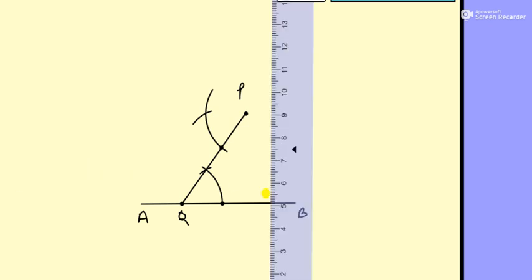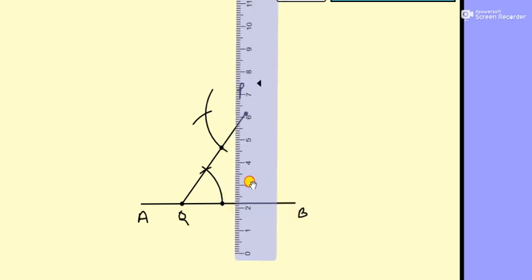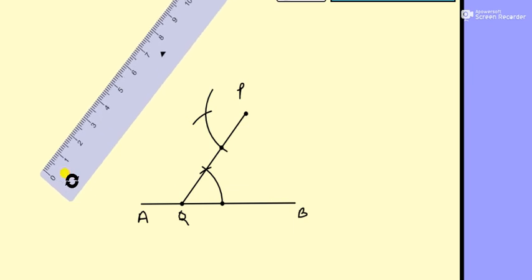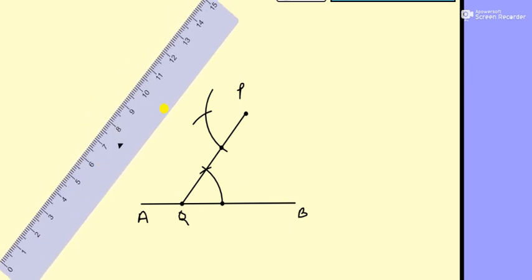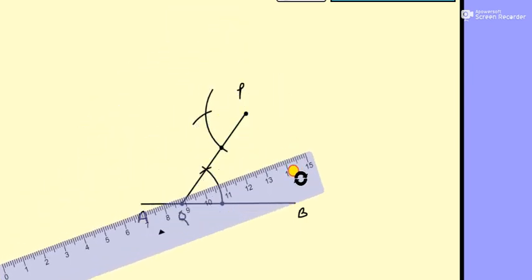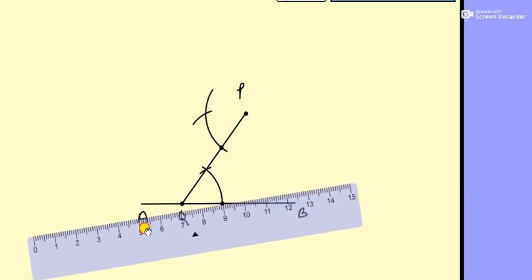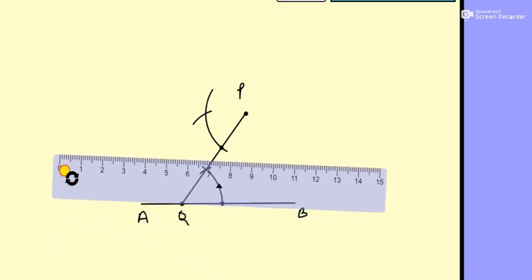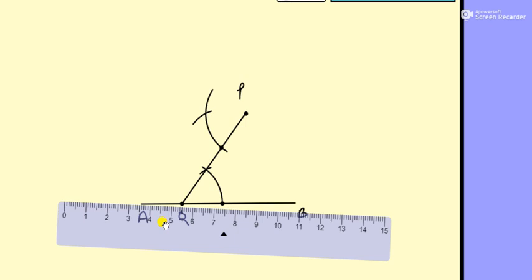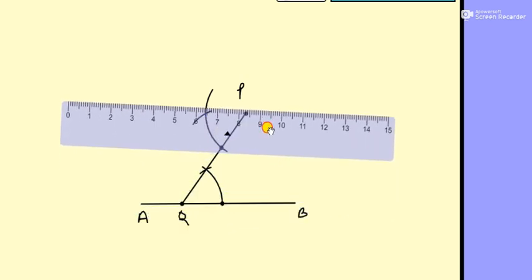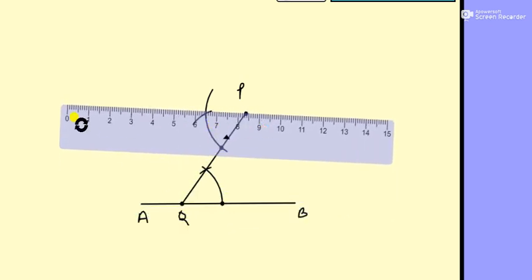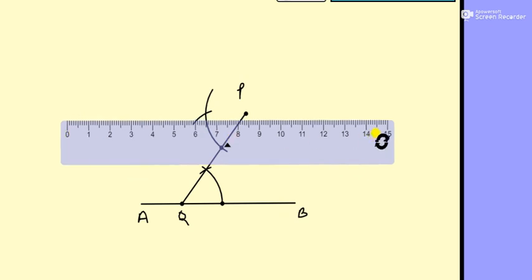Take the scale, keep it here at point P and draw a line like this.